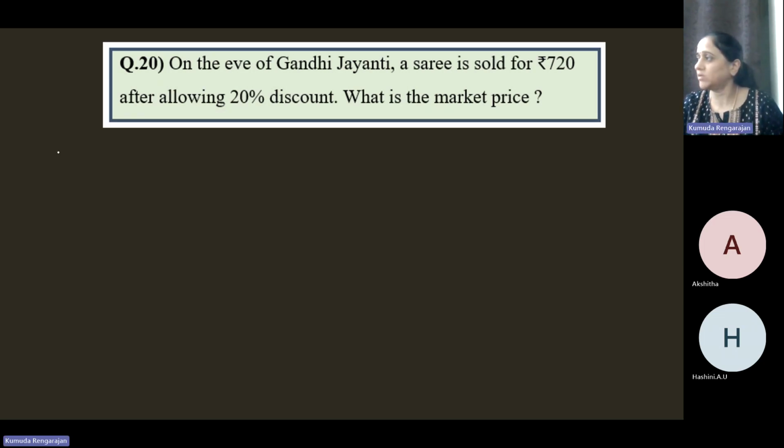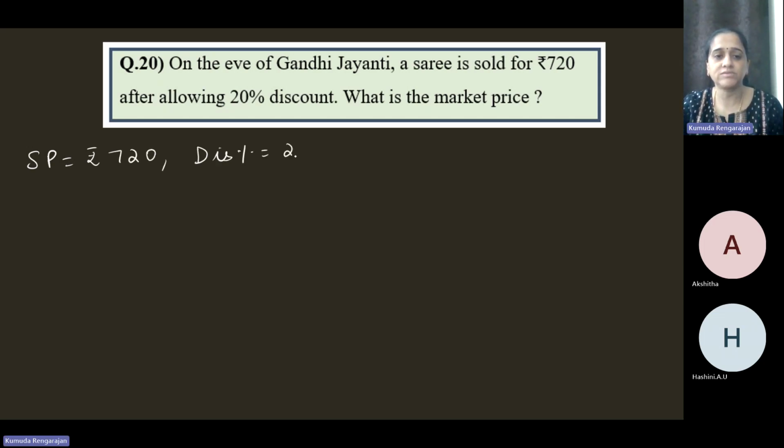The price before discount is the marked price. So what's the selling price? Selling price is 720. What's the discount? 20%. What should you find? Marked price, not market price.